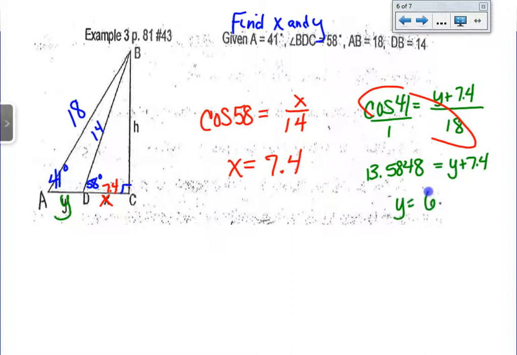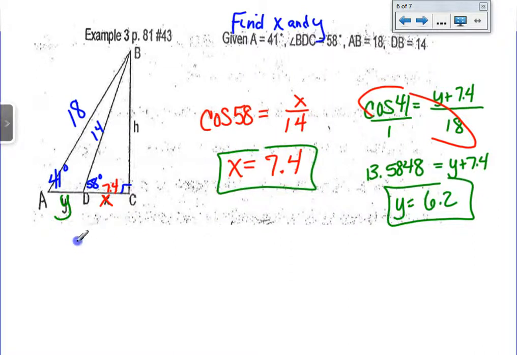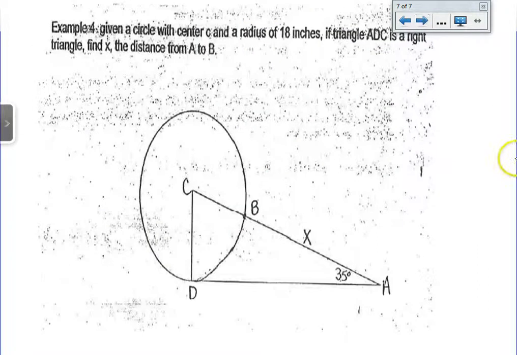I think that comes out to 6.2. It's not the only way you could have found y. You could have called this side something else, like an A or B, whatever you wanted to call it. Find out how big he was supposed to be, which apparently was 13.58, and then subtract off the 7.4. It would have been the same math, but the setup would have looked a little different.